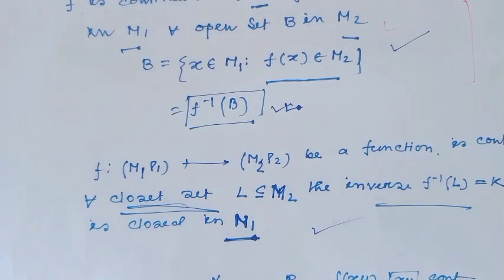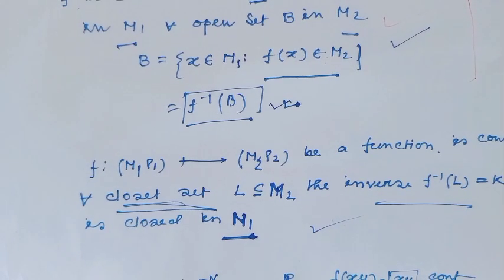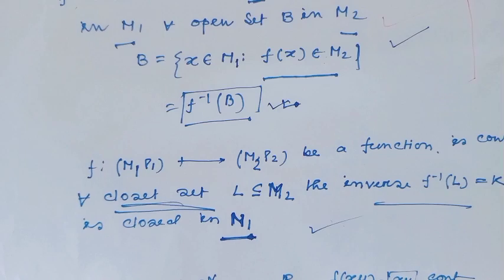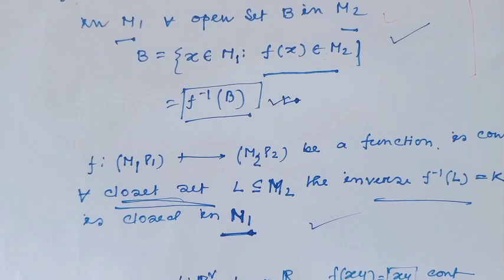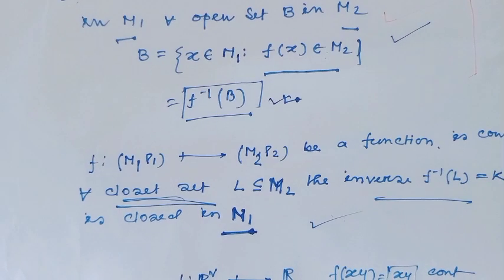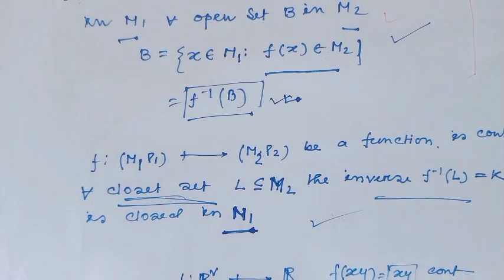Since these two definitions I have told you are used in topological spaces as well as metric spaces, we will see different examples of continuity in different metric spaces and topological spaces.